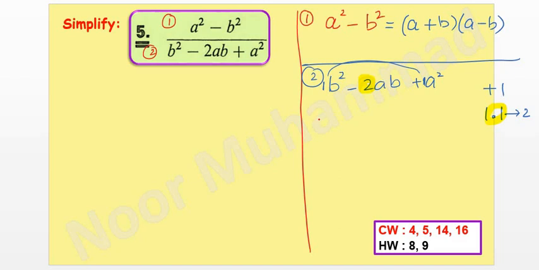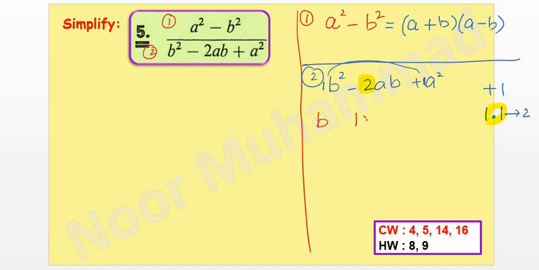How will I write my final answer? Look at this. When it's x over here, we write x here, right? But right now it's b. So what will you write over here? b. Okay. Then 1, but it's going to be 1a. Why? Because in the questions that you used to solve, there was no letter over here, so we were writing only the number. Right now it's a letter.